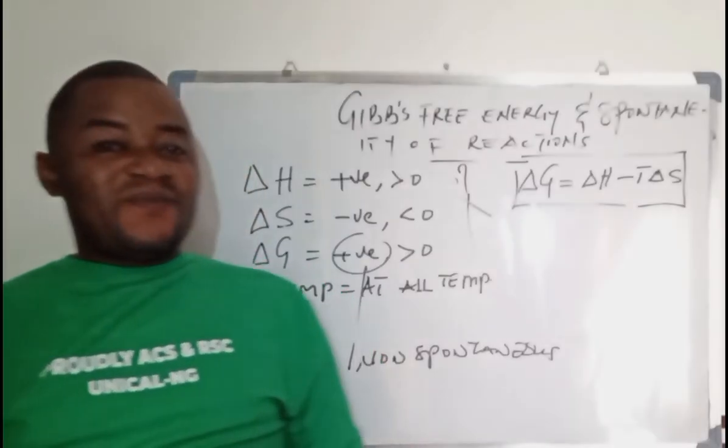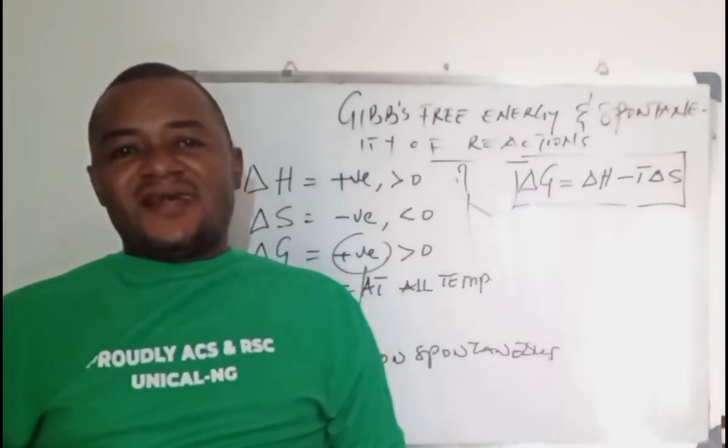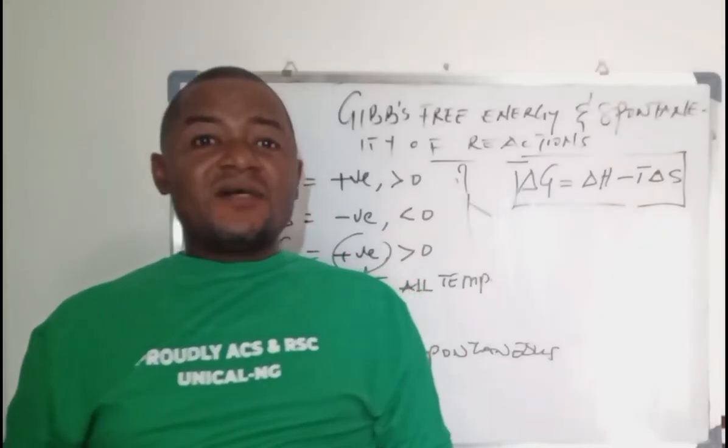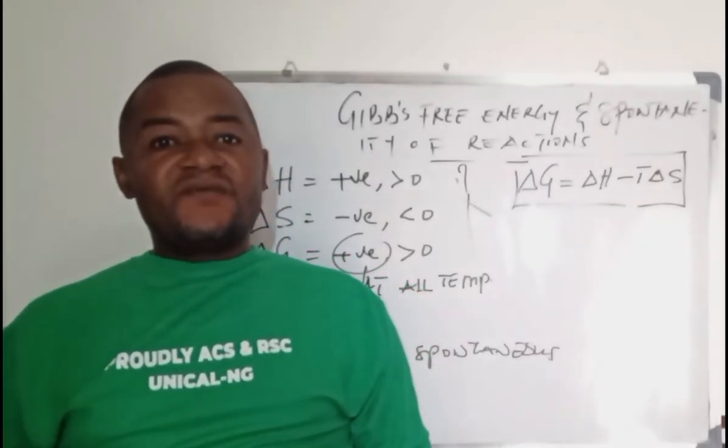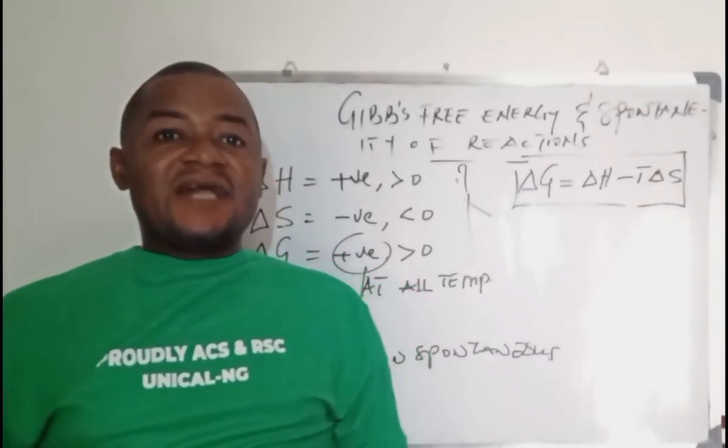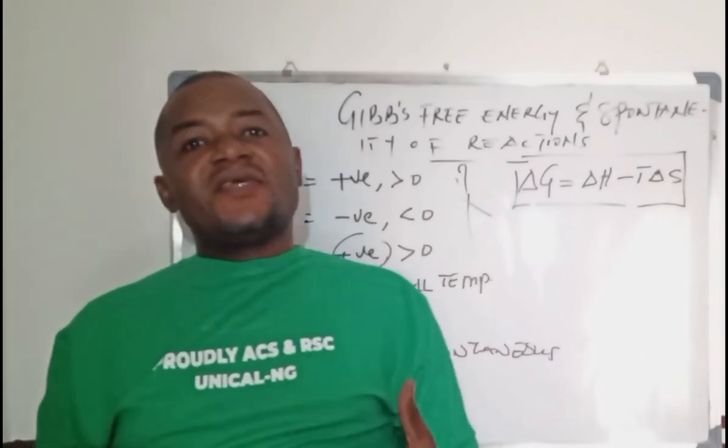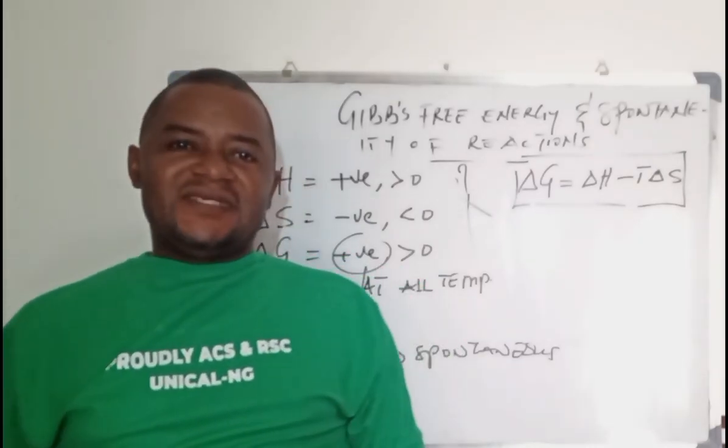I'm sure we've learned something very interesting in today's class. In our next class, we'll take some examples, see how we could solve problems and use the Gibbs free energy in determining their spontaneity.